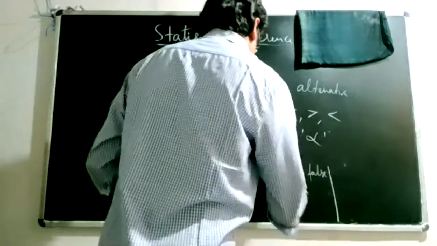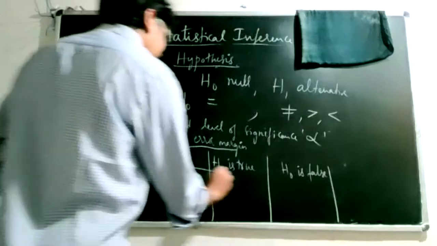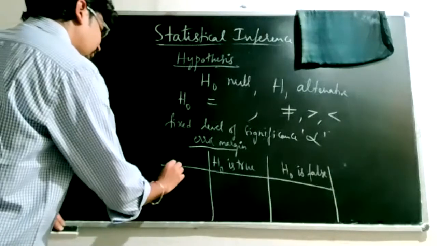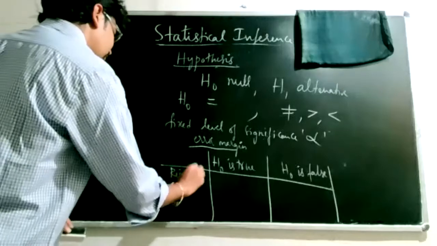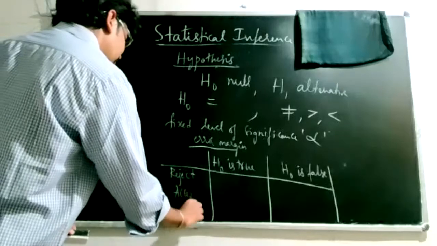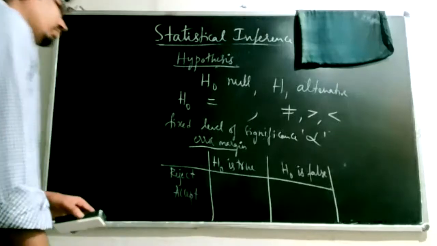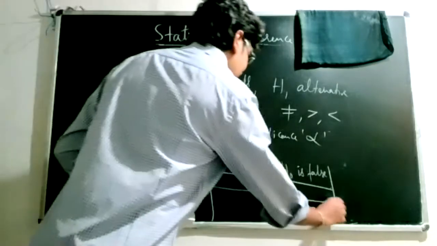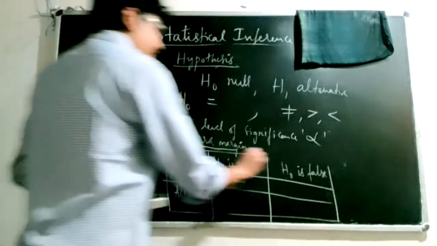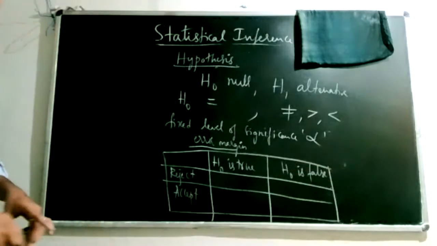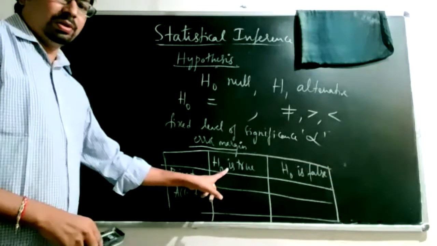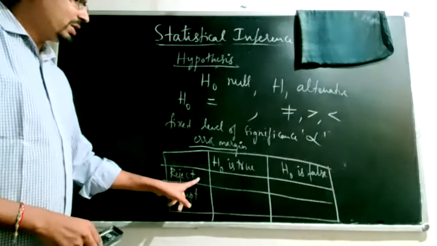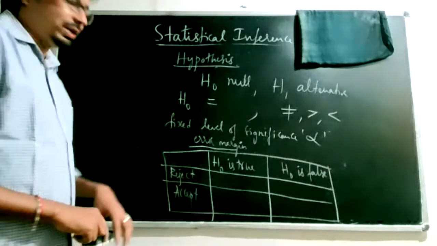Now we can always end up making very bad or incorrect decisions. These are the 4 decisions you can take. Case 1: actually your H0 is true, but your sample is generating a mean which is telling you it is far away from the population mean.